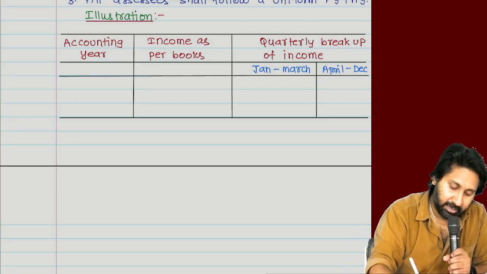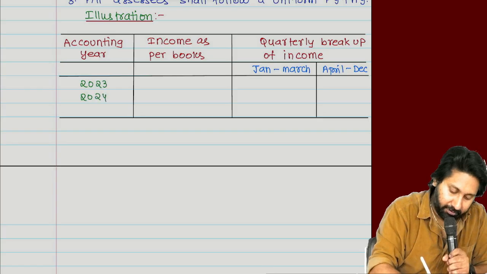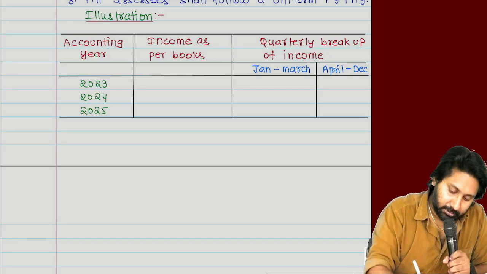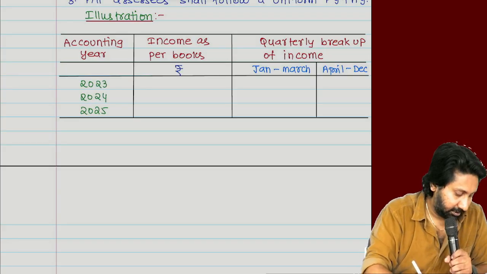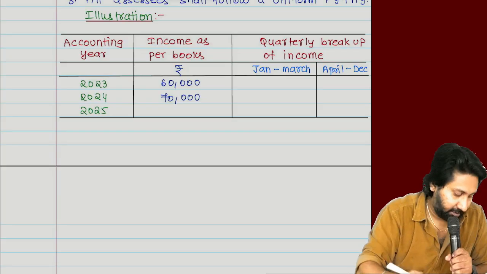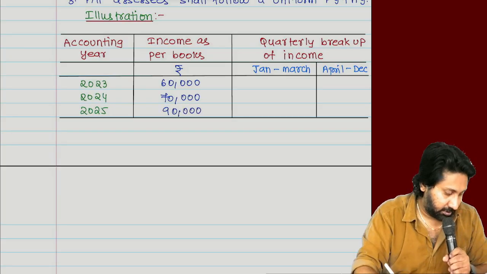For the accounting year 23, 24 and 25, income as per the books, rupees 60,000, 70,000, 90,000.